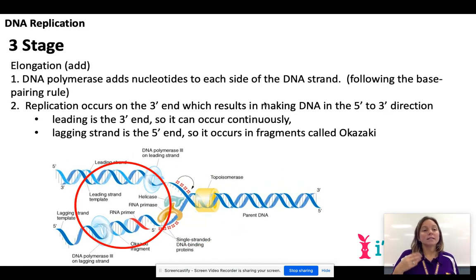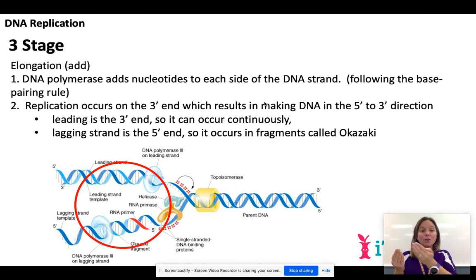This is when the DNA polymerase is sliding down the DNA strand, either leading along in a continuous manner or lagging behind because it's making those fragments. And the DNA polymerase is responsible for adding those bases. How do we know what bases it's adding? Well, if I have an adenine, what can bond with adenine? Thymine. So that DNA polymerase is going to add a thymine there.